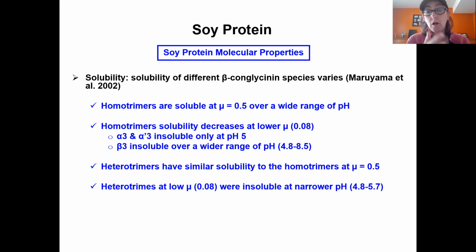So homotrimers mean all 3 of them are alpha, or all 3 are alpha prime, or all 3 are beta. Heterotrimers have different monomers within one trimer. Here you don't need to remember any of this. It's just showing differences between homotrimers and heterotrimers at different pH and ionic strength, but you don't have to remember any of these numbers.